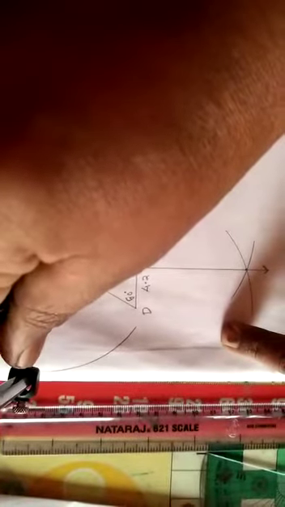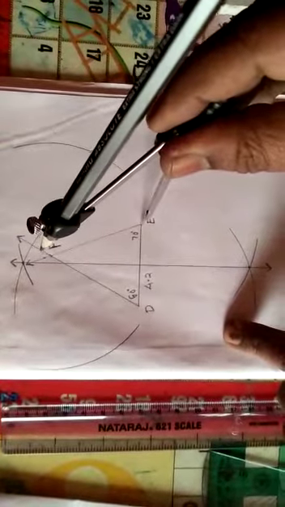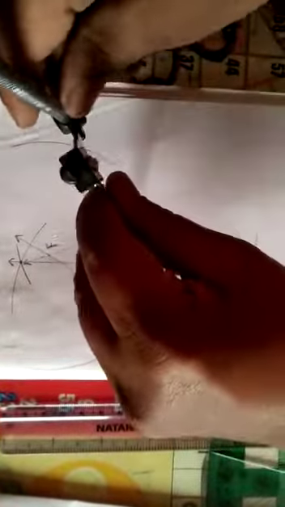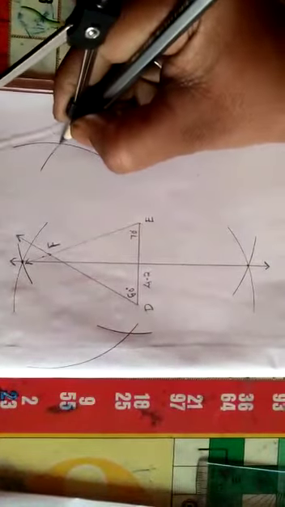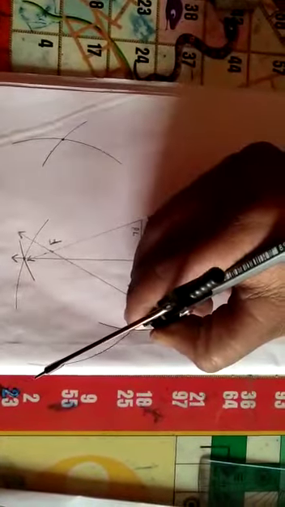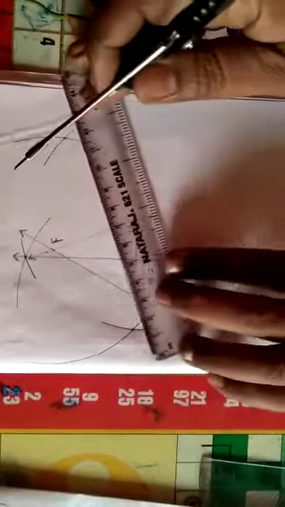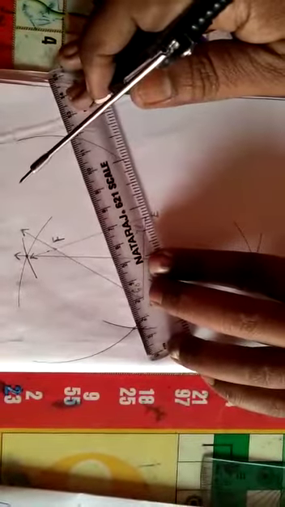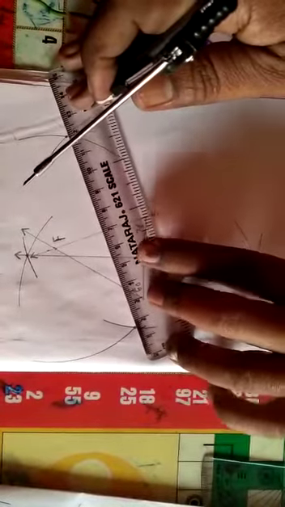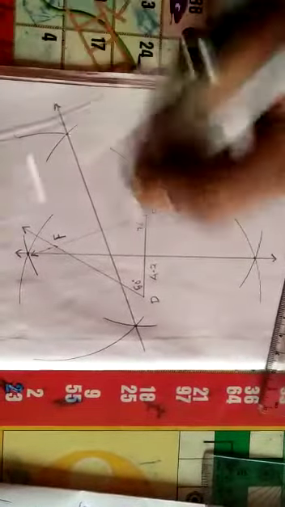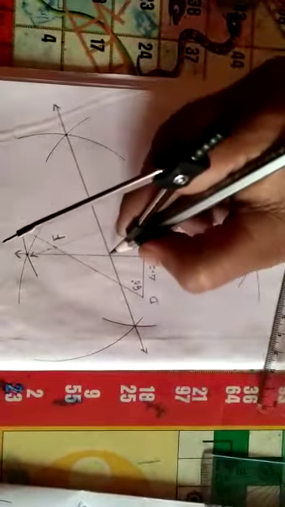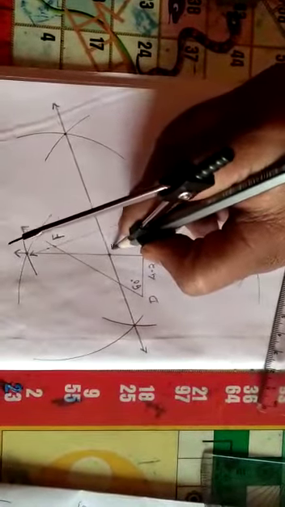Now draw arcs from point E. Now give dots and join these two points of intersection. Now see, you get the point of intersection; label it C.